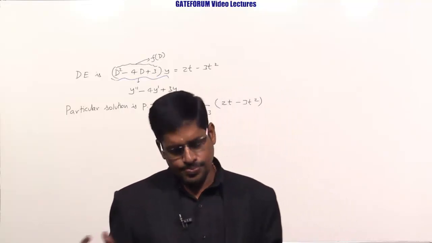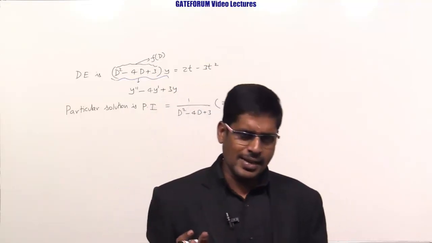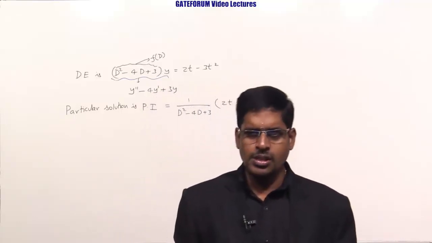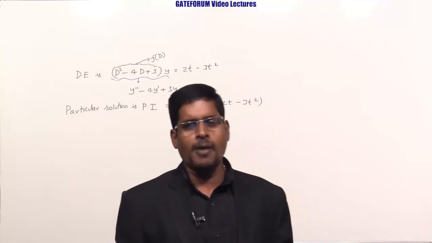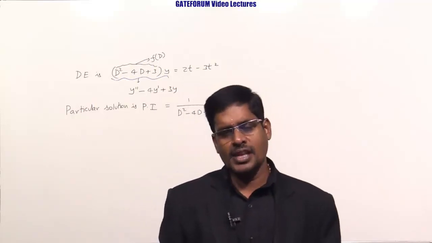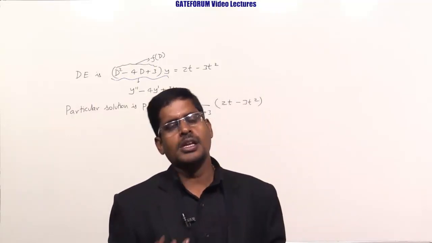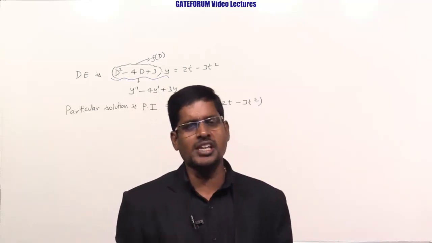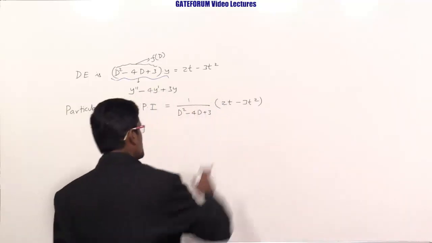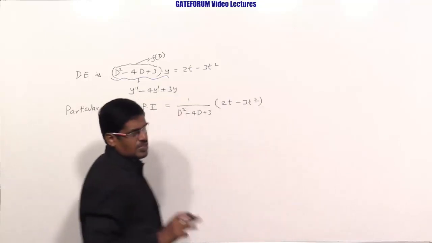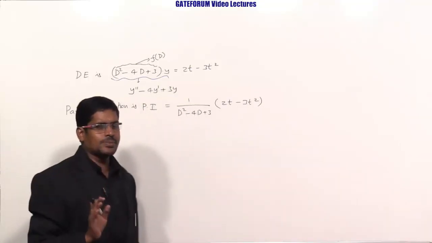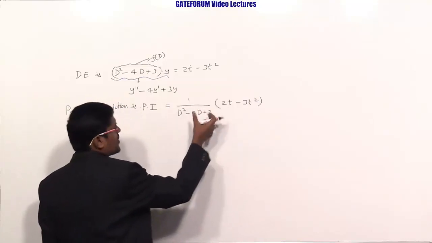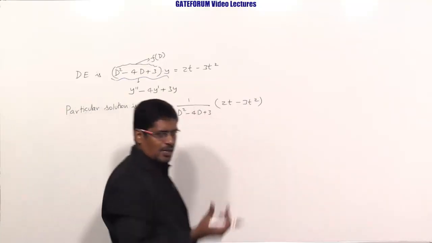Then expand by standard Maclaurin series expansion or binomial expansion up to the terms containing d power m. If the power of t is m, then operate each term on t power m, that is x power m. Here t is the independent variable. The maximum power of t is 2, so m is 2, and we should expand up to the terms containing d square. Sometimes it is difficult to get 1 plus some other new function of d.